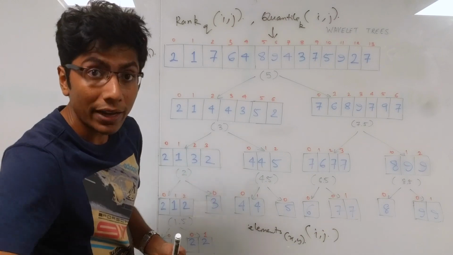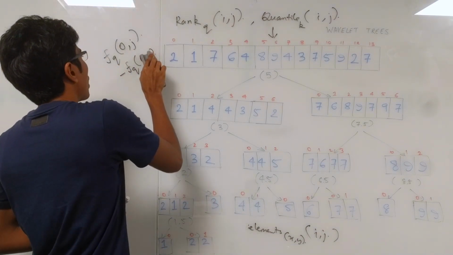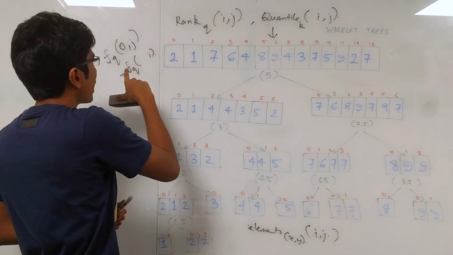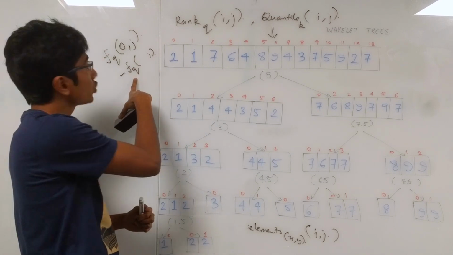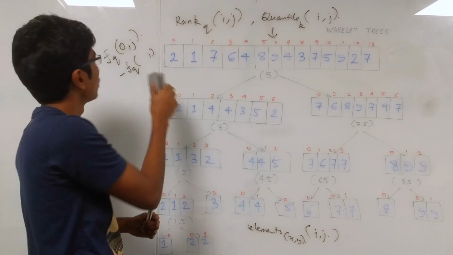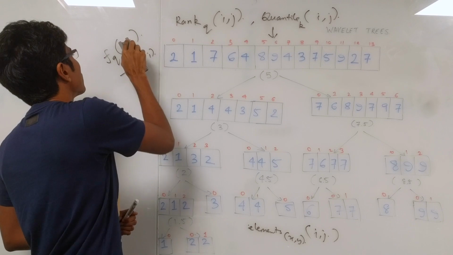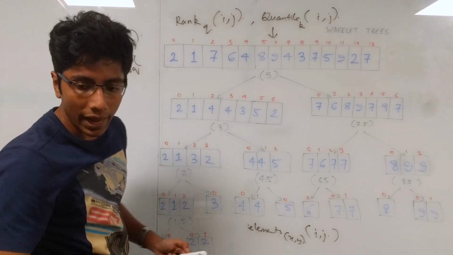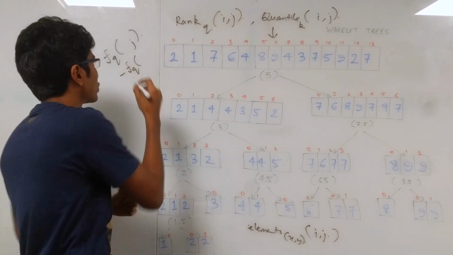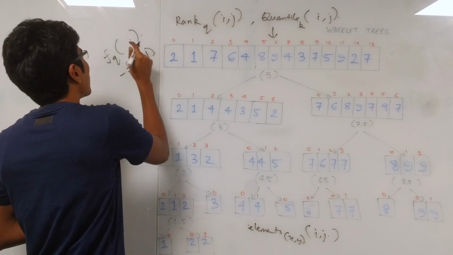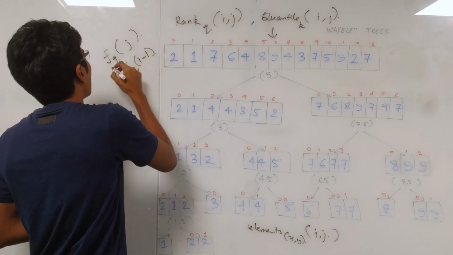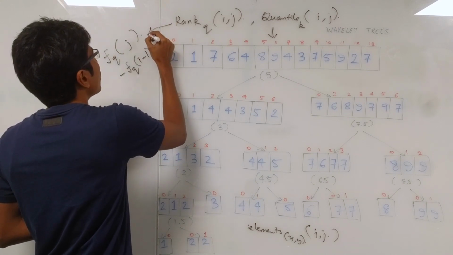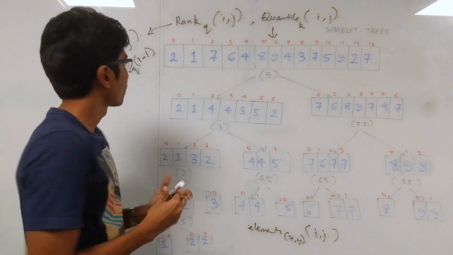I can define a new function that tells me the number of elements having value Q up to a point from 0. And in fact, it's not going to be I, it's going to be I minus 1, because you want to take I also into consideration. So I minus 1 and J just here. This is going to be equal to rank of Q, I, J.